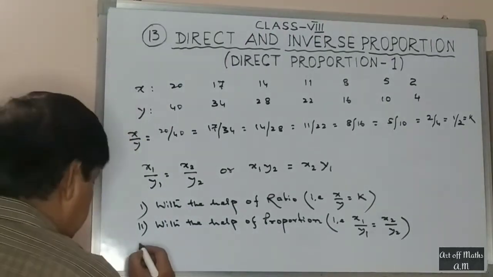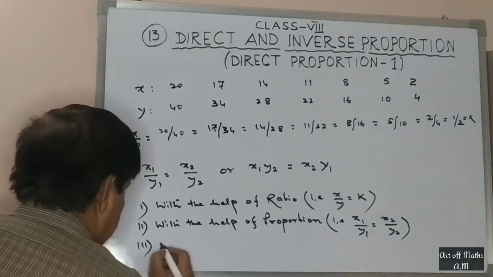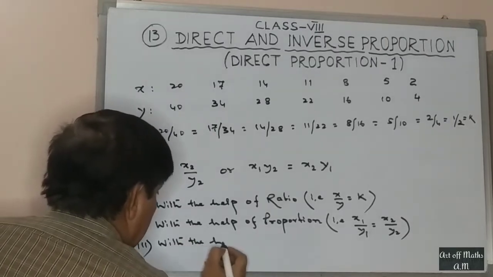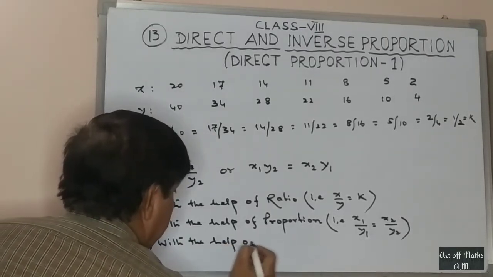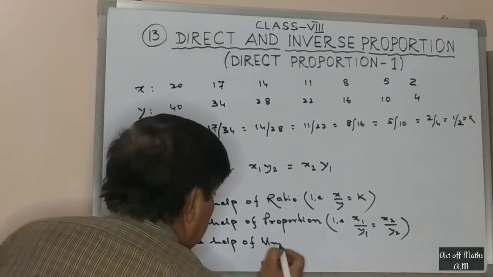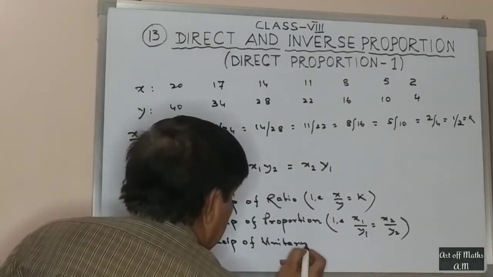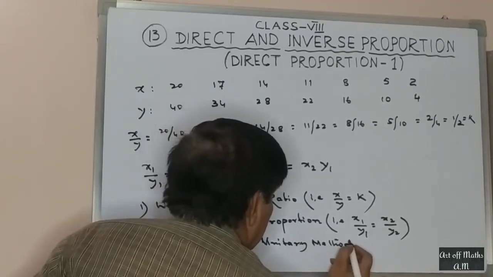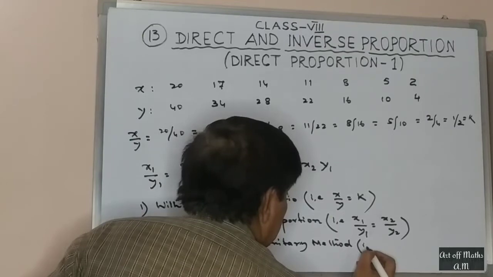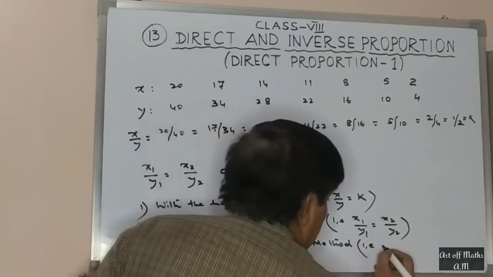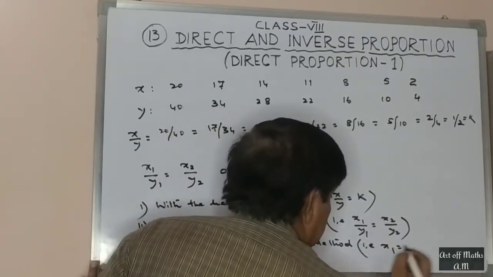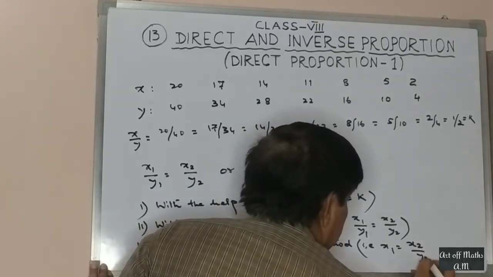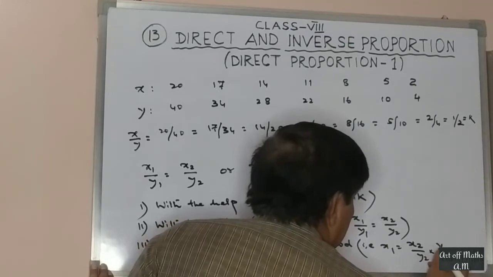Now third method, with the help of the unitary method, that is x1 equal to x2 by y2 into y1.